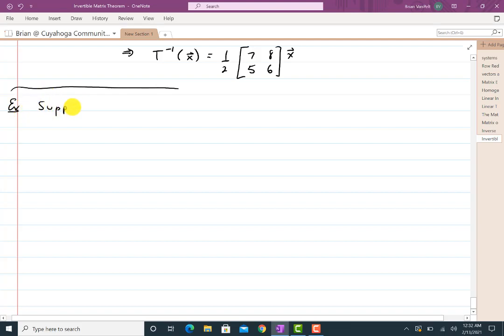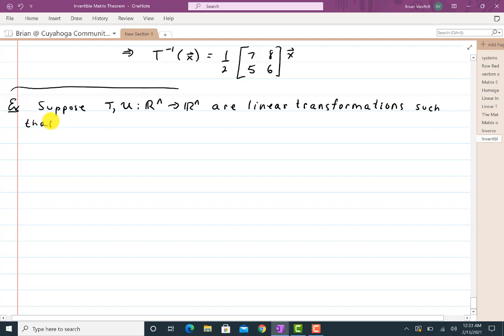Suppose T and U from Rn to Rn are linear transformations such that T of U of x equals x for all x in Rn.